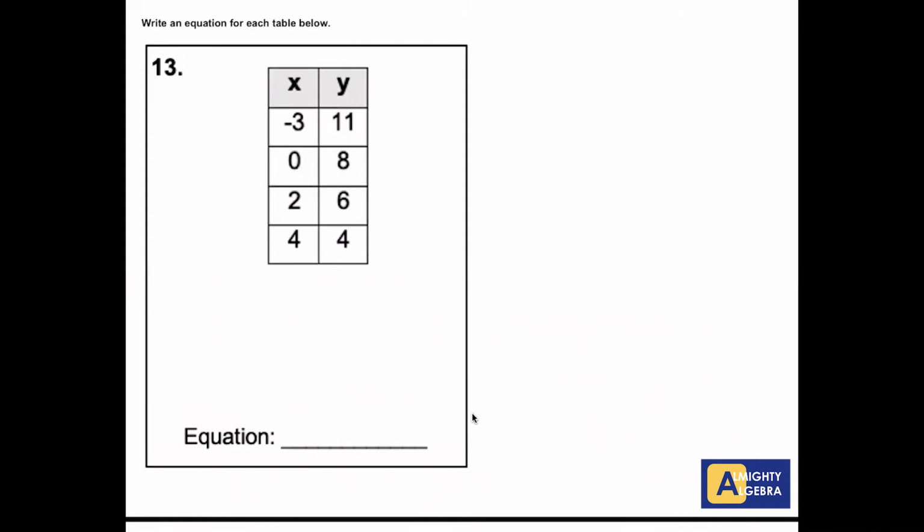We know that our end goal is to get something that looks like y equals mx plus b, where you have a slope and a y-intercept. I'm not given any of that here. So I'm going to use the values in the table to first find my slope.